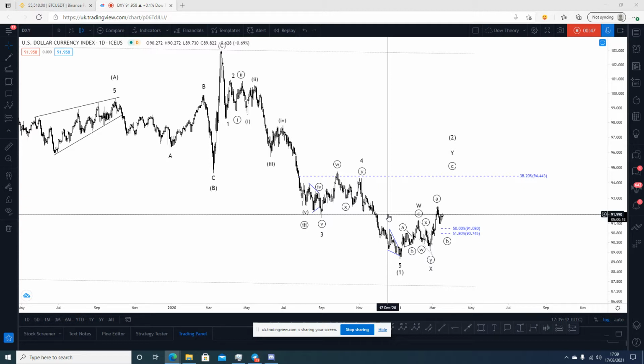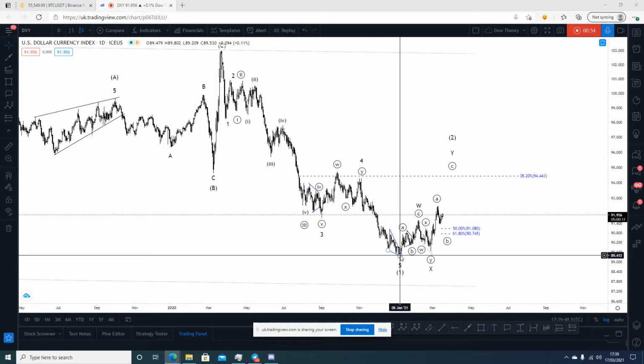Now, as you guys know, we have been pretty much right on the dollar ever since January 2021. Now, I mentioned to you guys the dollar's going higher. It's going much, much higher. And I believe this still to be true.